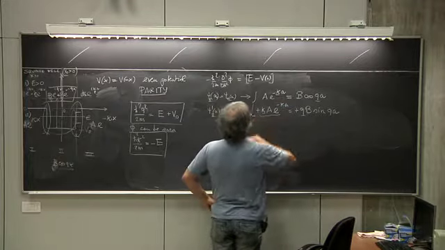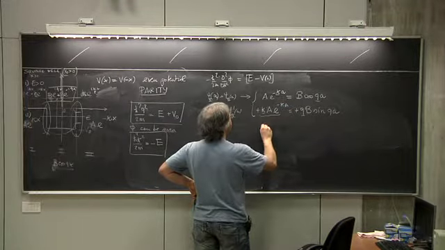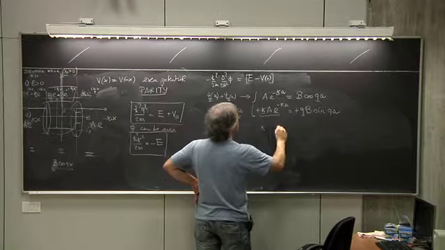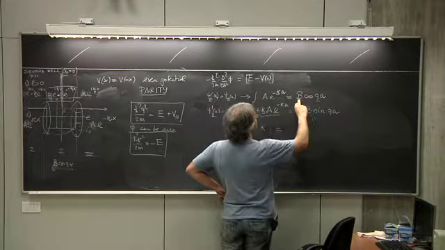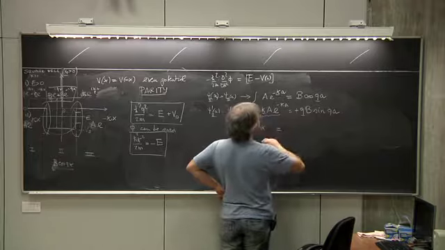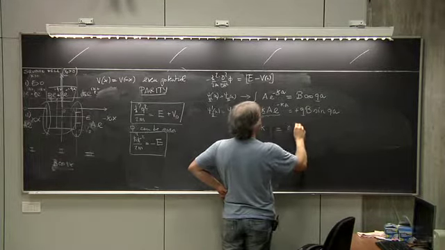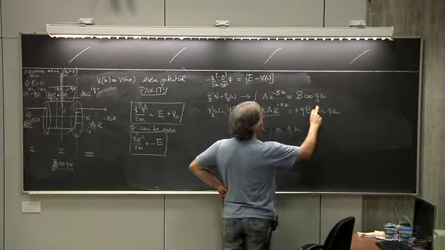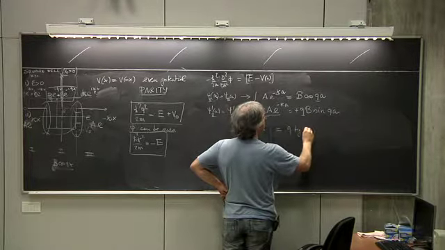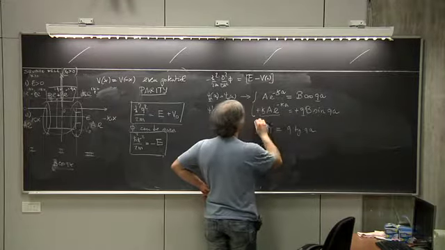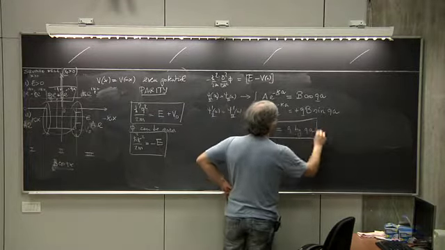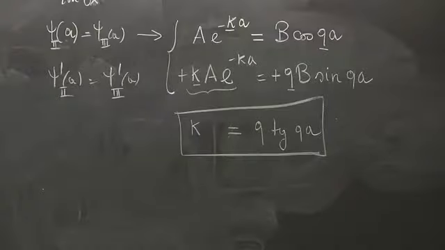So this divided by that is just K equal to, you see that B goes, and A also goes, and I have here a Q and the tangent, sine over cosine, the tangent of QA. A and B have gone. By the way, it's only A over B that matters.